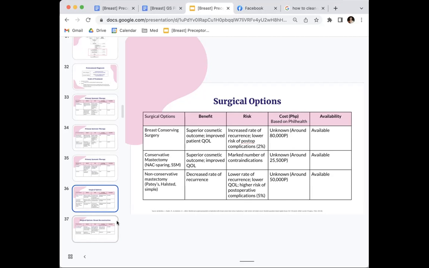Okay. Then the other option will be to do, if it's free from the pectoralis muscles, you can do a modified radical mastectomy, which is a total mastectomy without removing the pectoralis muscles plus axillary dissections, no?